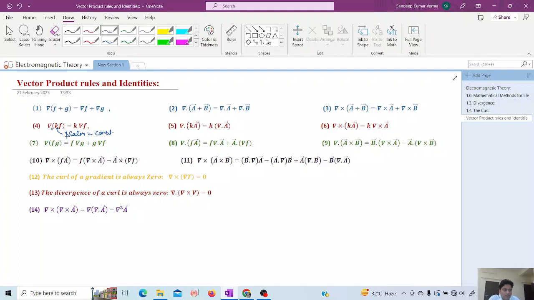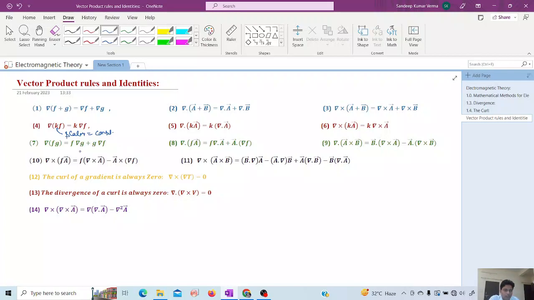Now the gradient of a constant times any scalar function can be written as k times gradient of f, and similarly for the divergence of a constant times any vector, we can take the constant outside, and the divergence of a can be solved directly. Similarly for the curl of a constant times any vector, k is taken outside the bracket.